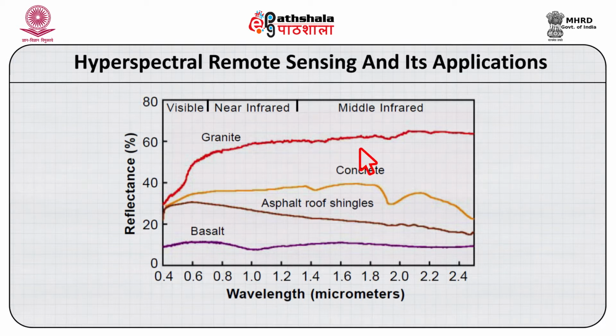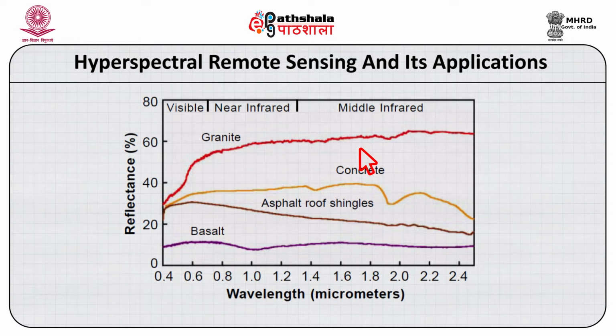So we can assess the surface material used in urban areas by using hyperspectral data, which in turn can also assess the urban environment, the temperature, and the urban climatic condition. That is another very important application of hyperspectral data.